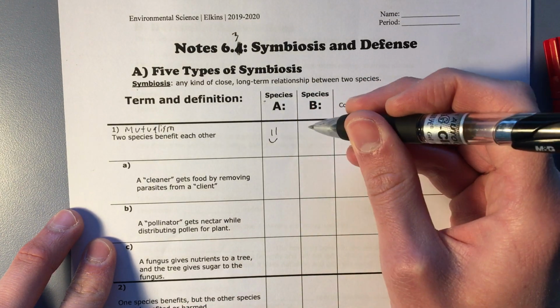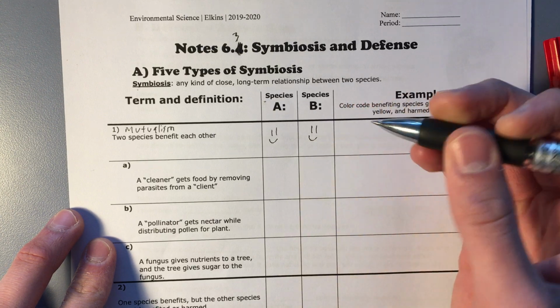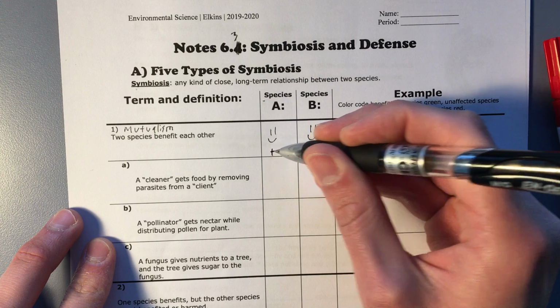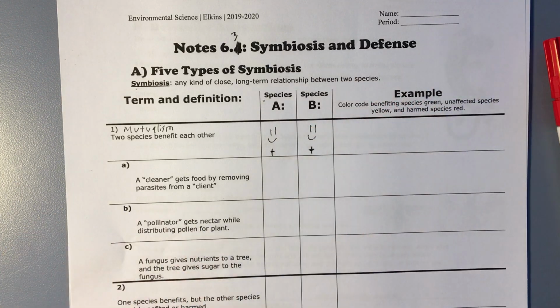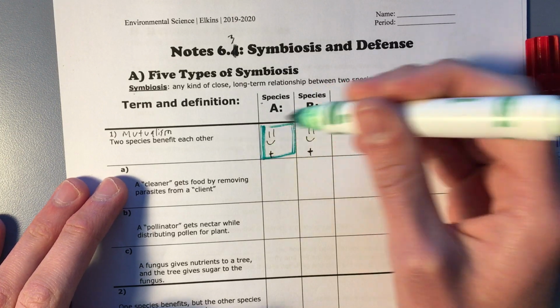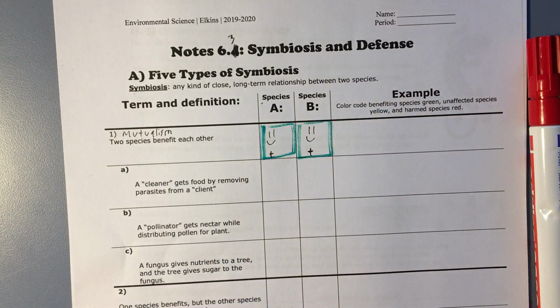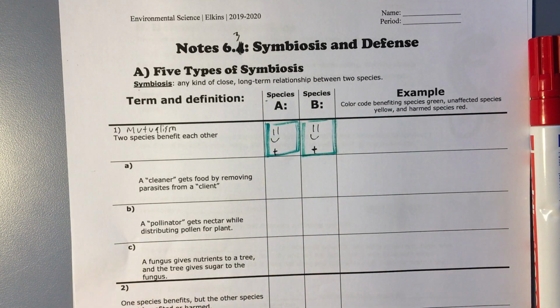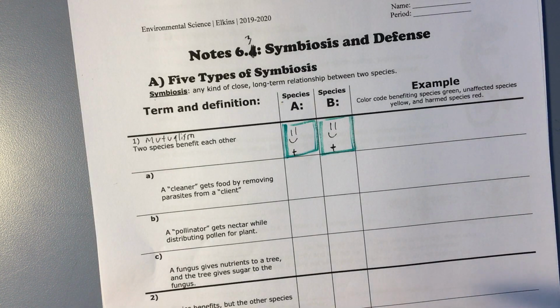So I'm just going to draw a smiley face, okay? Or we could do a plus sign is what most people use to represent a positive benefit. And I'm going to color code this one green. So we got a nice positive benefit. So species A benefits species B, and species B benefits species A, all right?